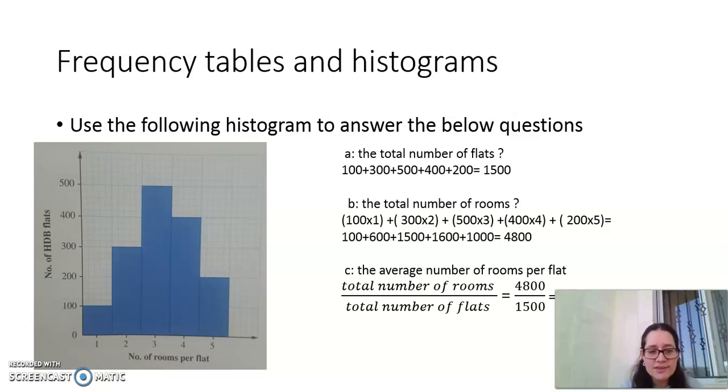So 100 contains 1 room, 100 times 1; 300 contains 2, so 300 times 2; 500 times 3; 400 times 4; 200 times 5. So we'll have 4,800 rooms. Okay, guys? Now you are ready to solve 8E questions 1, 2, 3, 4. Good luck.